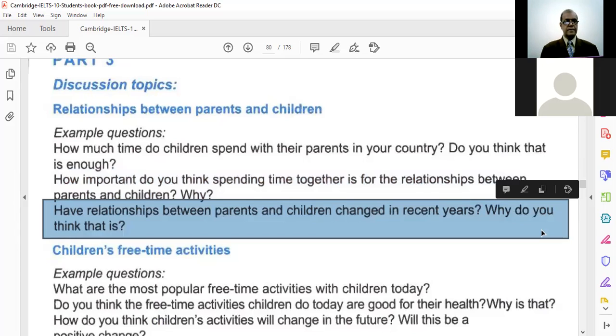I think the type of relationship has changed, because in the past, both the parents and the children were spending a lot of time with each other, and the children were discussing all the issues, all the minor and major issues, in detail with the parents.